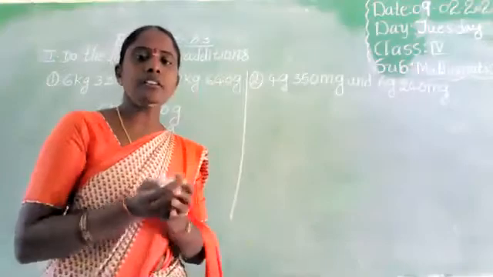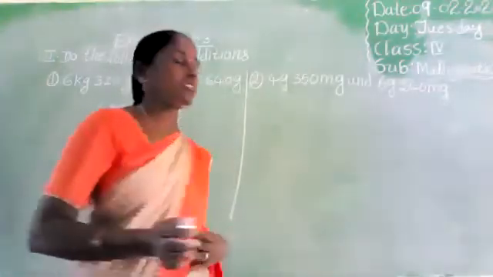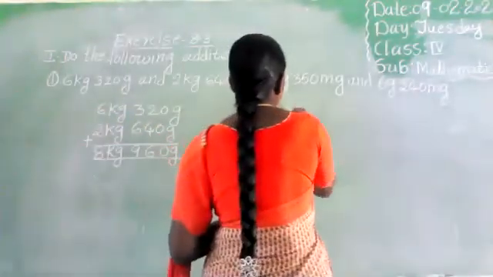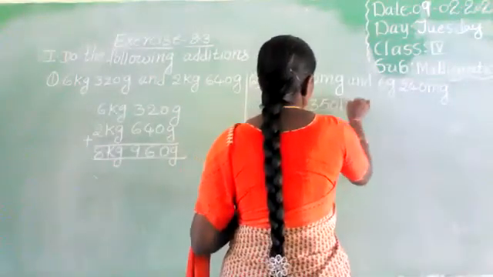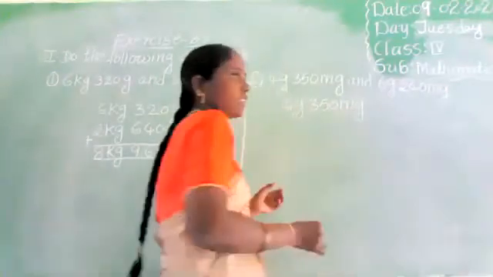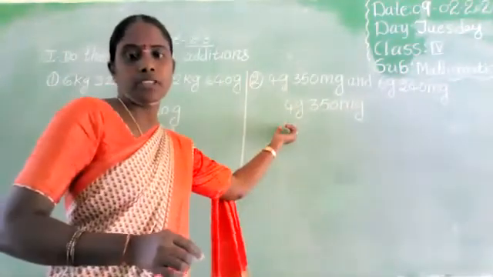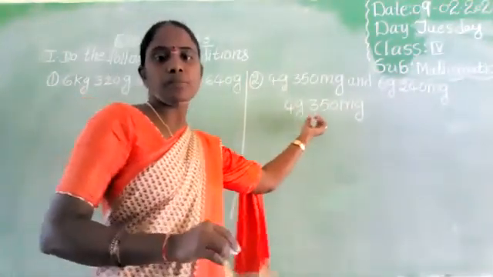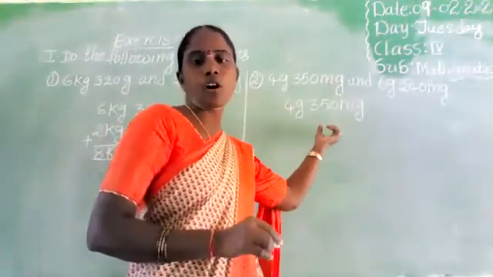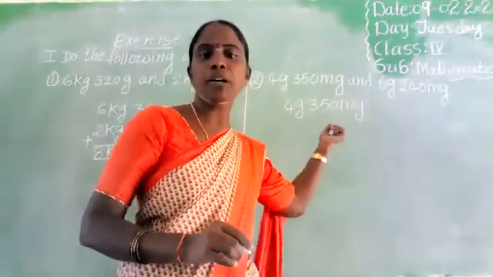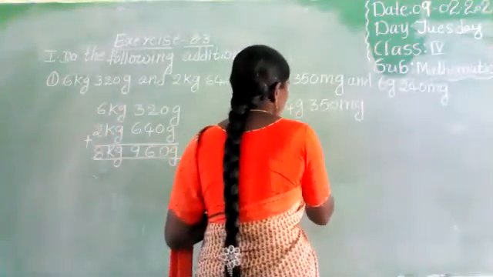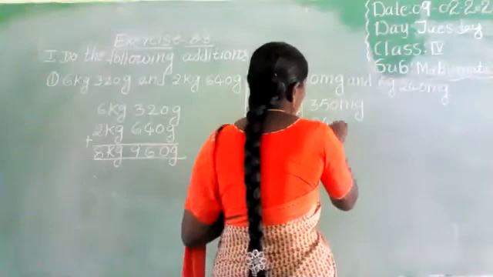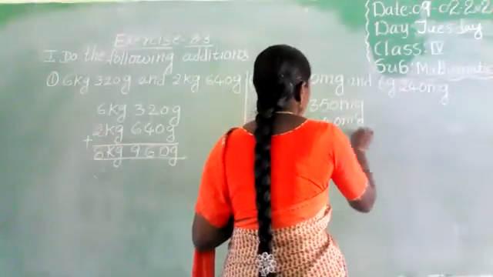Grams wise grams write down, milligrams wise milligrams write down. First grams. 4 grams 350 milligrams. And next 6 grams 240 milligrams. Grams plus grams, milligrams plus milligrams.